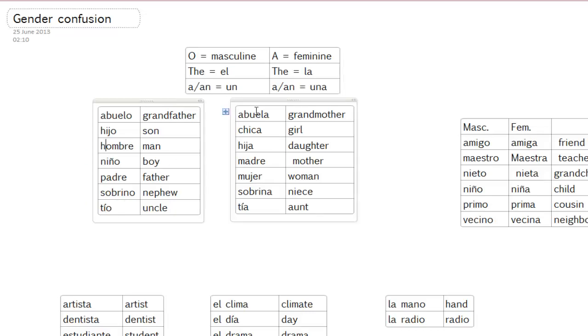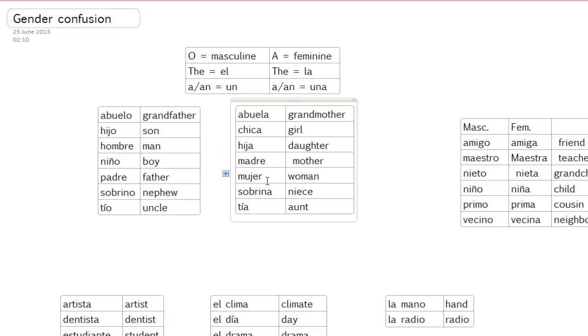Okay, and so when we go to the female side of the family, for example, don't worry about the vocabulary. This is just to add to the talking about the gender. Maybe you can look at this and learn the words, and how to say them. Abuela, grandmother. La abuela, la chica, the girl. La hija, the daughter.